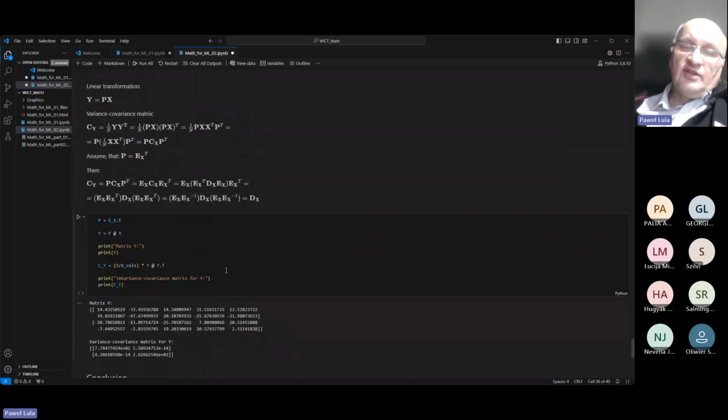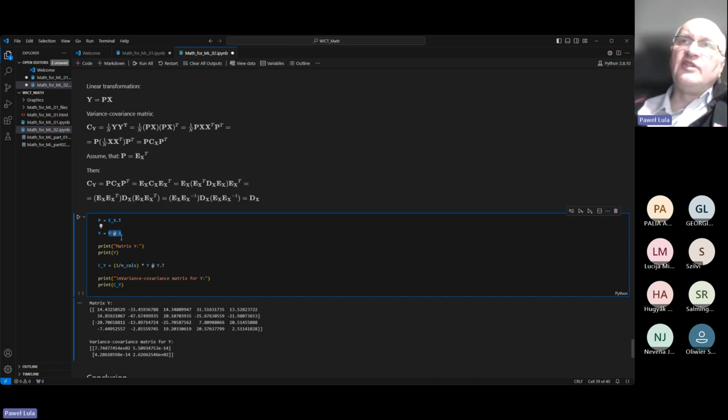So all these calculations we can check. Here you see this transformation matrix, which is equal to our matrix with eigenvectors after transposition. And I use this transformation to our original data.